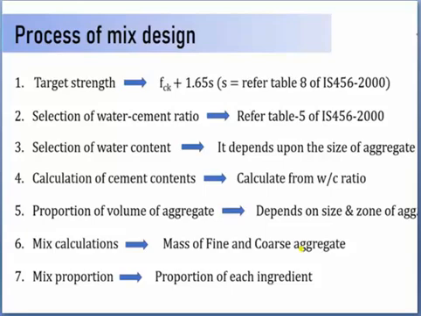We decide the mix proportion for the various masses which we calculate by the design procedure. So basically, in mix design, we are calculating the mass of the various materials per cubic meter: per cubic meter mass of cement, fine aggregate and coarse aggregate, and the water content which is required per cubic meter.